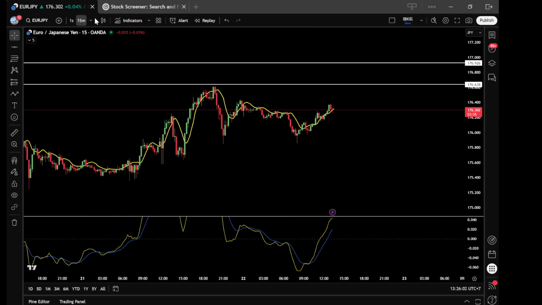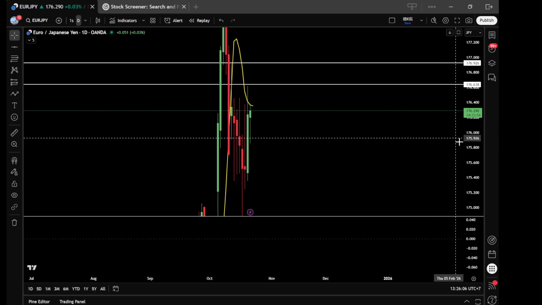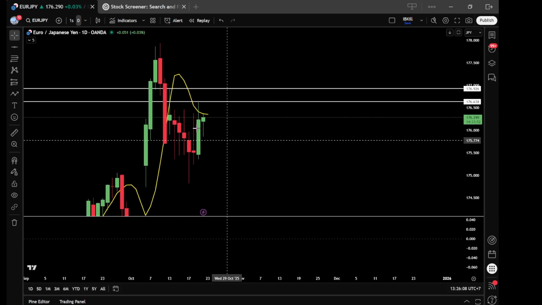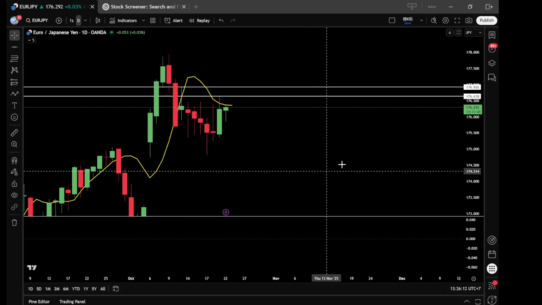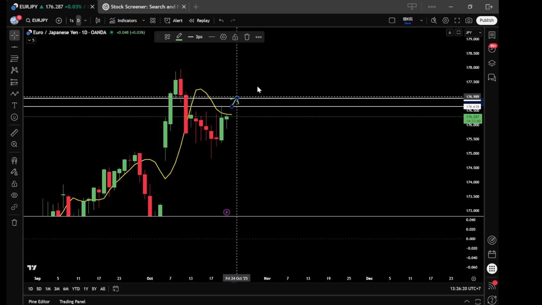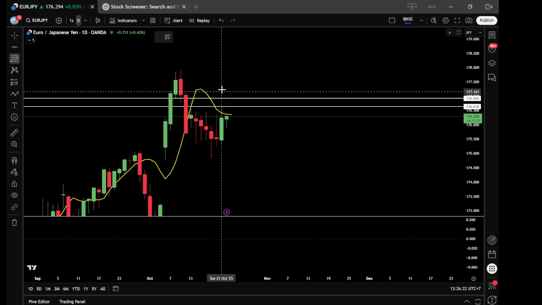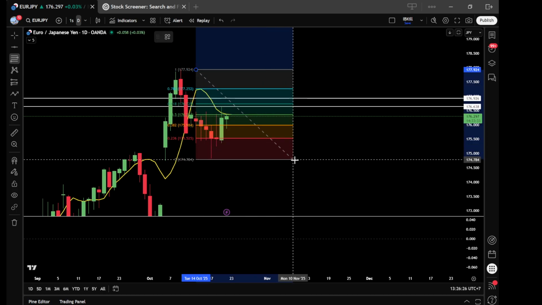Today, if we look at the daily chart, again, this pair is very strong. JPY pairs are very strong, struggling to break above this moving average. So if we do get a new rally in this, I expect it to break yesterday's high and move up towards 177, which is a Fibonacci retracement level.